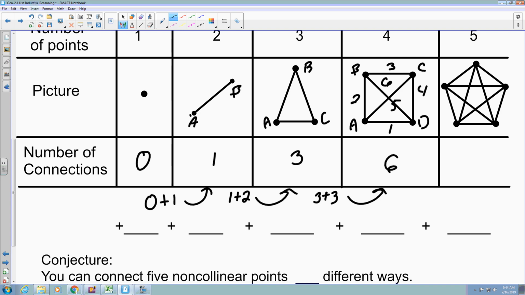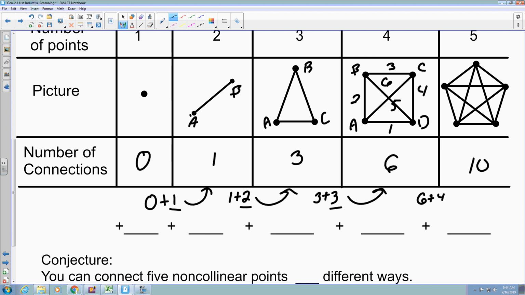So all I'm doing is with each one of these second numbers, I'm increasing it by 1. I'm taking the previous number and then adding another value to the sum. So in this case, this should be 6 plus 4, and I should get 10.